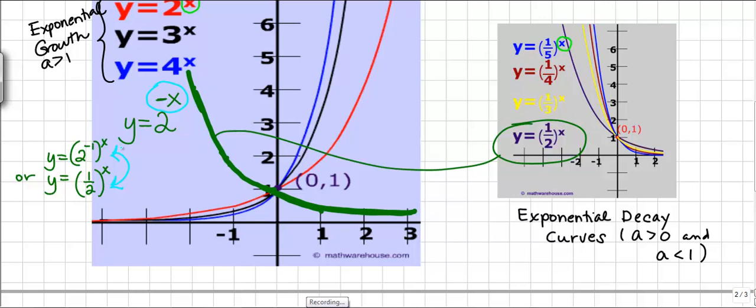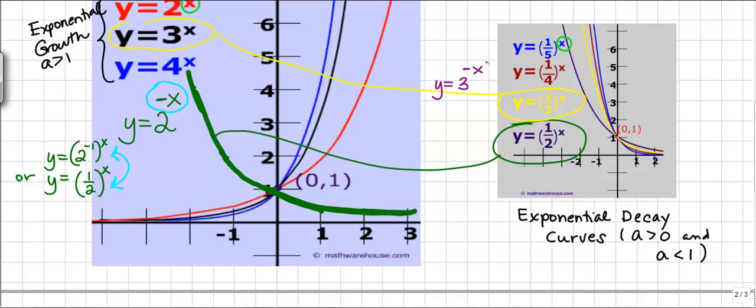Basically, for every growth curve you have, there's a decay curve that you get by reflecting about the y-axis, and furthermore 1/3 to the x could have been written as 3 to the negative x power.